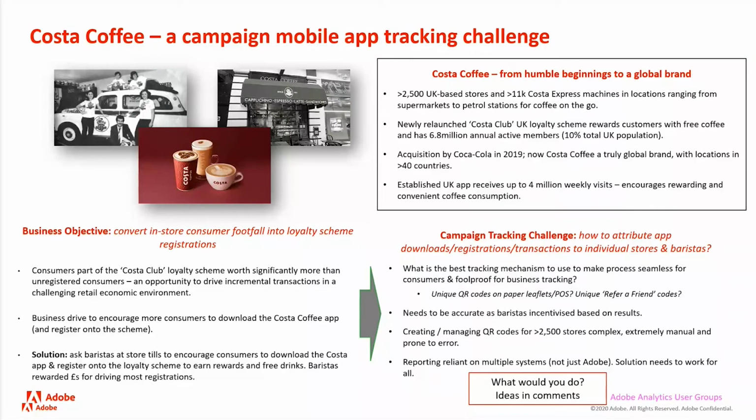We have marketable consumers that are part of the base. So the challenge is, how do we have a non-manual mechanic that gets users to scan a QR code and download the app? And then the biggest challenge is, how do we attribute that to a store level, 2,500 times?